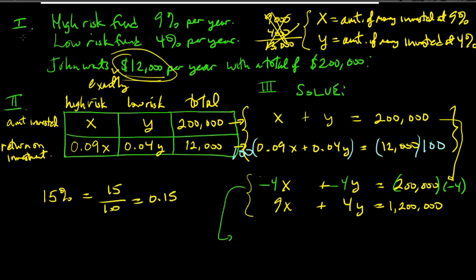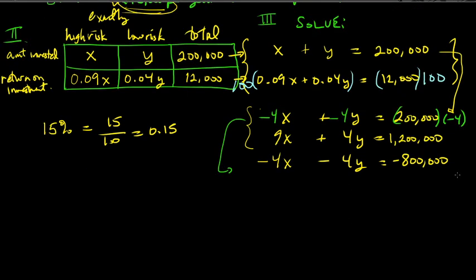So that equation now becomes -4x, right, minus 4y equals -800,000. And in fact, I'm not going to copy down the second equation because I think we can just add them up as they are here.